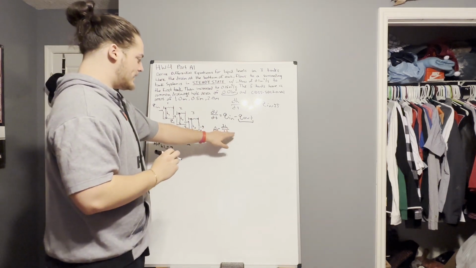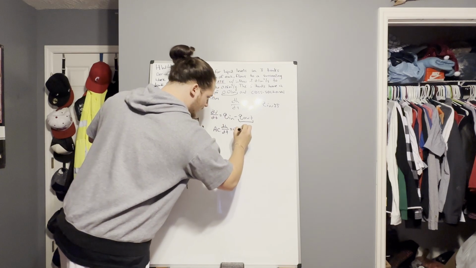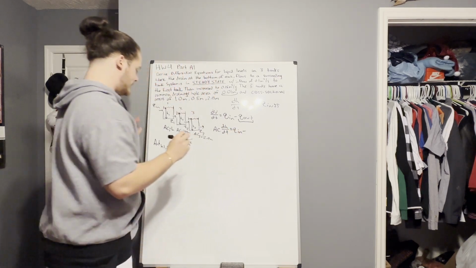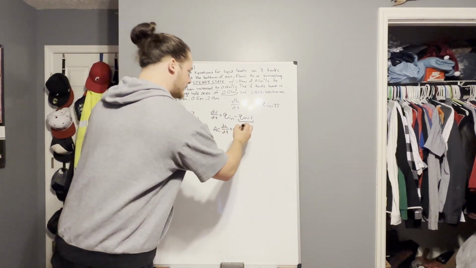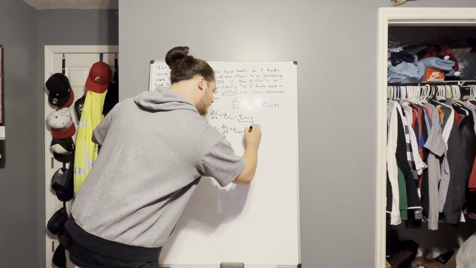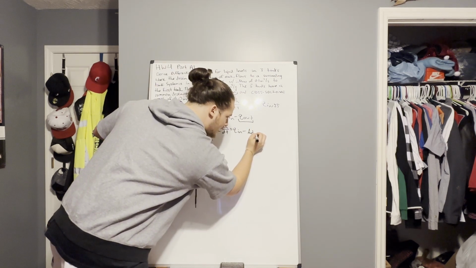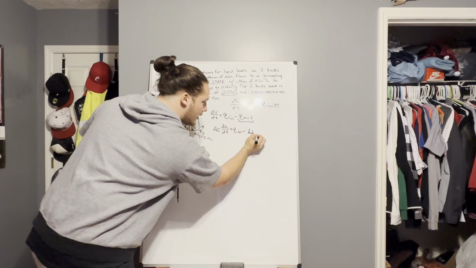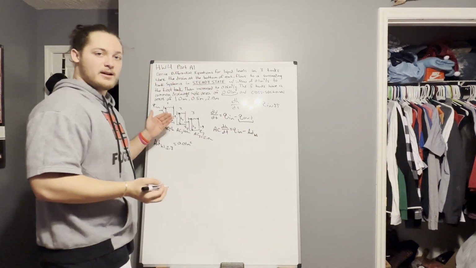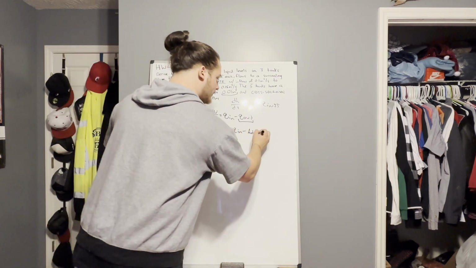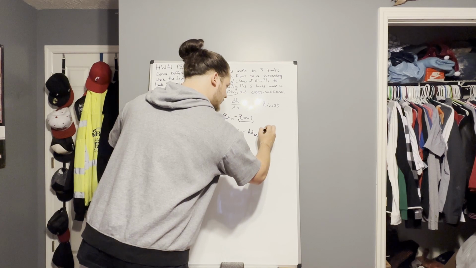And we can set this equal to the Q in, minus our drainage hole area AD for H1, times our velocity of our flow going out, which is square root of 2GH.